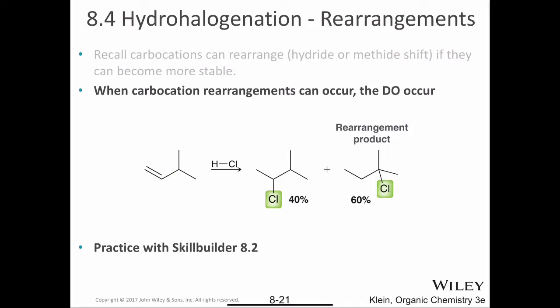So here's a perfect example, the reaction that we just looked at. And in fact, you get about 60% of the rearrangement product and about 40% of the non-rearranged product. So again, this might seem like it's synthetically not useful, but if you have a substrate which will not undergo carbocation rearrangement, hydrohalogenation is still a very useful reaction.